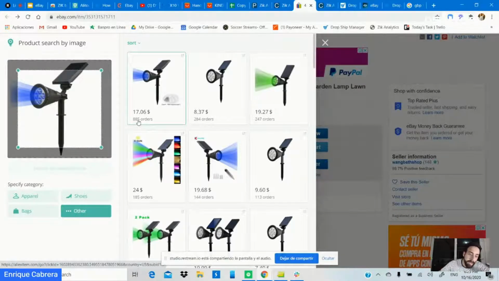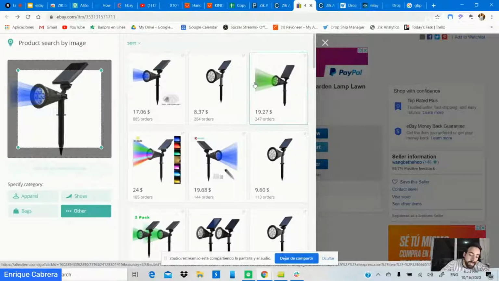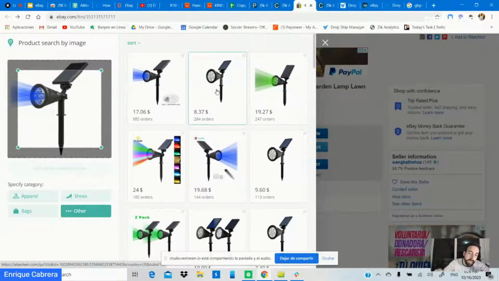So number one, 10 orders or more. Number two, you can check the price. Again, you need to look for a product that is very cheap. Then, with your fees and all involved, sell that product on eBay for a higher price, but not higher than your competition. I hope I'm very clear on this.